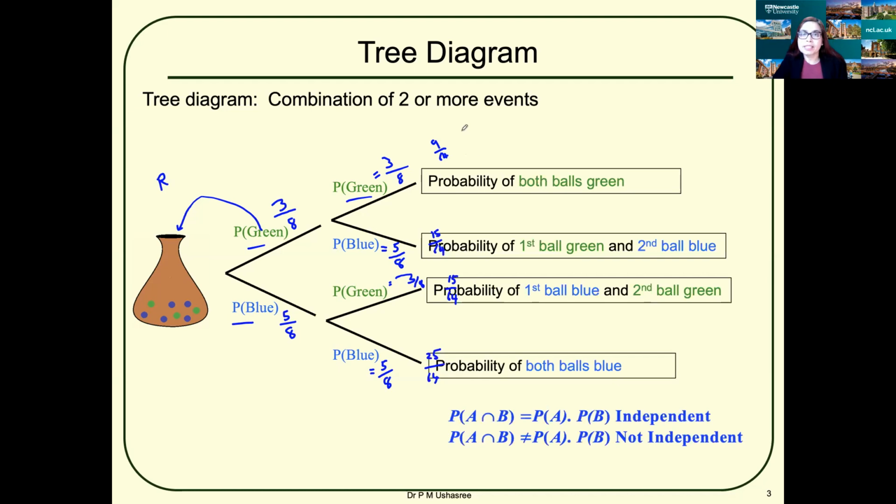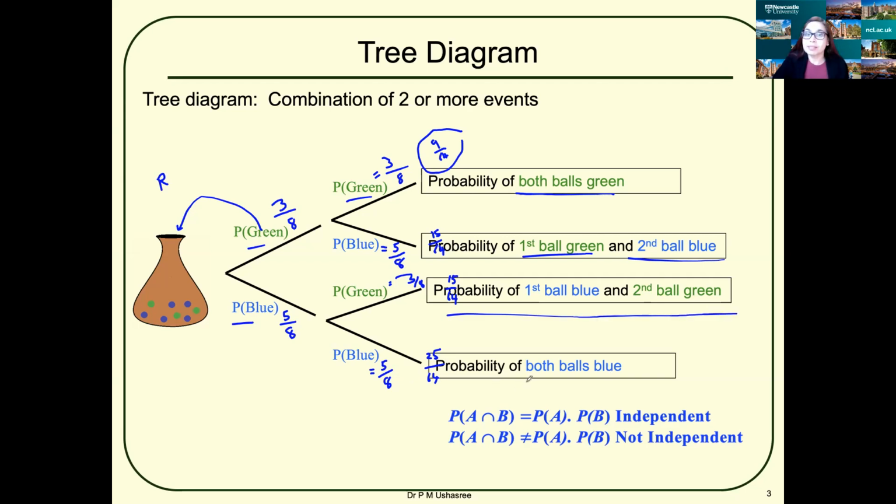So 9/64 is the probability of picking both balls green by replacing the first ball. Similarly, 15/64 is the probability of picking the first ball as green and the second ball as blue, that is by replacing the first ball. Similarly again, first ball is blue, second ball is green.